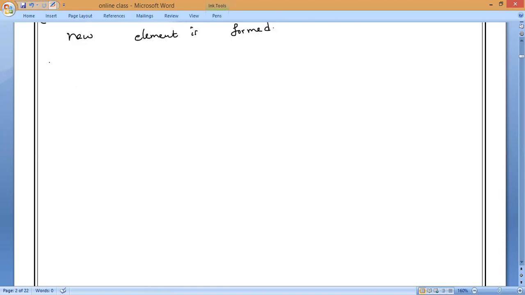So the next concept which we are going to study is mass number. So please write it. Mass number. So remember, atomic number means only the number of protons. Now, the symbol of mass number, first you have to know the symbols.